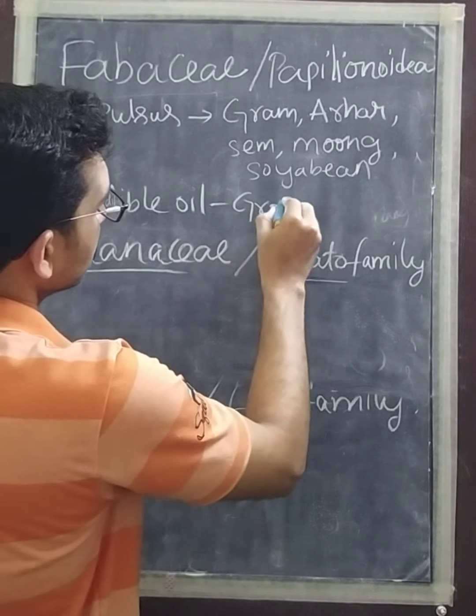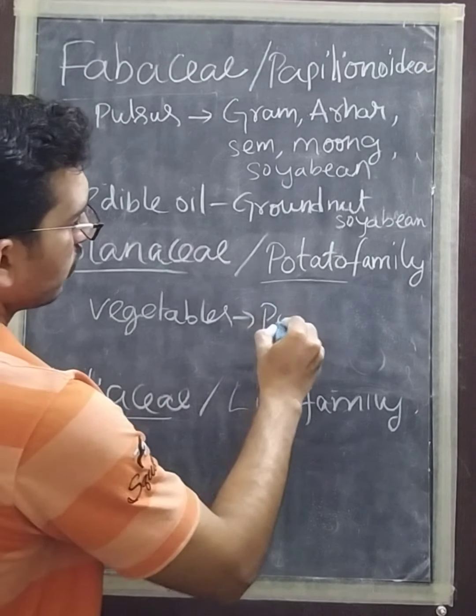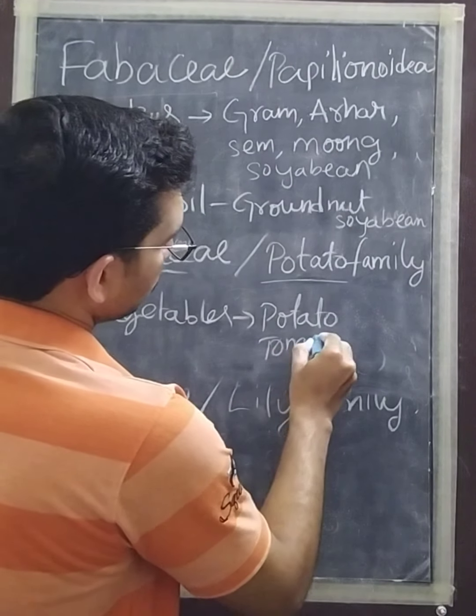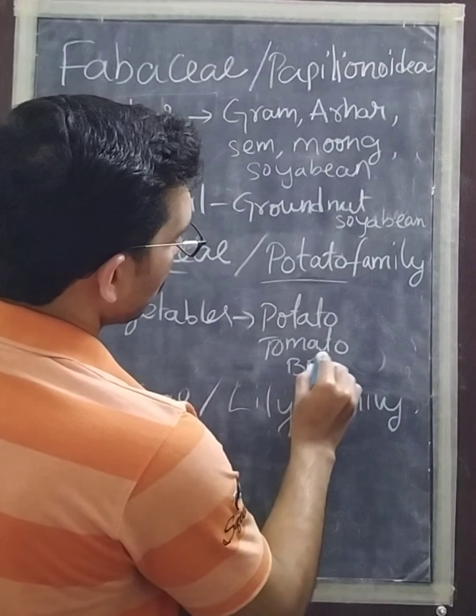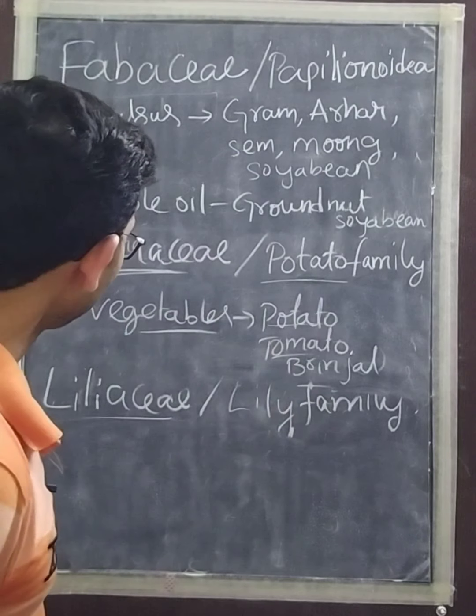And when it comes to the Solanaceae family, the majority of them are used as vegetables. Especially we have the potato, tomato, brinjal. So these three plants are considered as vegetables and they are put in the family Solanaceae.